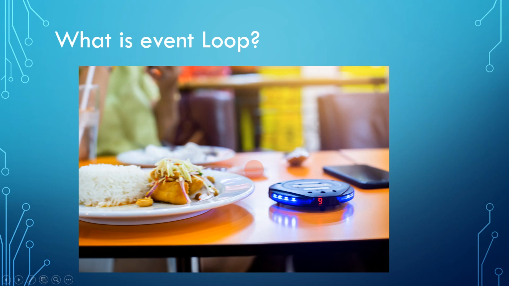Suppose you go to a restaurant and you place your order. After that, the person gives you a beeper and tells you to come and collect your order when the beeper gives a signal, makes a sound, or starts vibrating. So when the beeper vibrates, you know what you have to do. This beeper is the event.